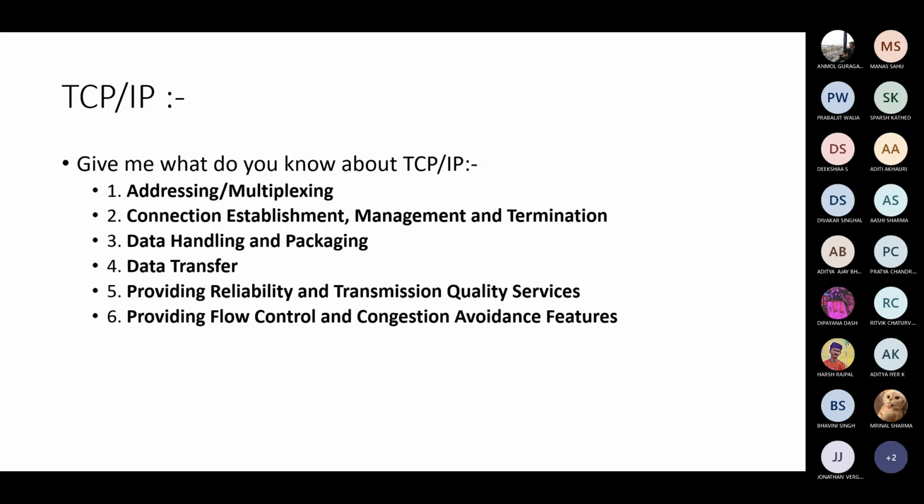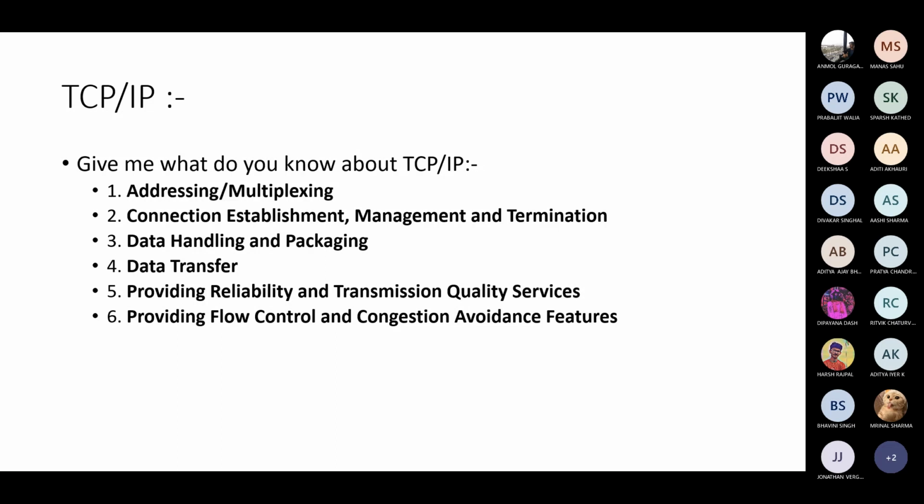These are the important things to be noted while we are performing operations with TCP and IP. So addressing or multiplexing. How is the data transmitted from one user to multiple users? So multiplexing, this is taken care of by TCP.